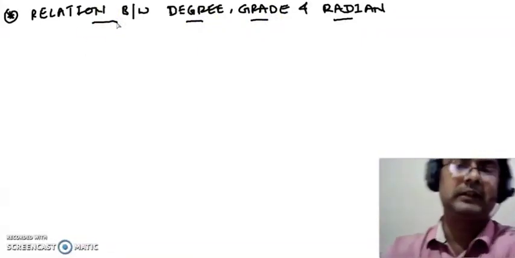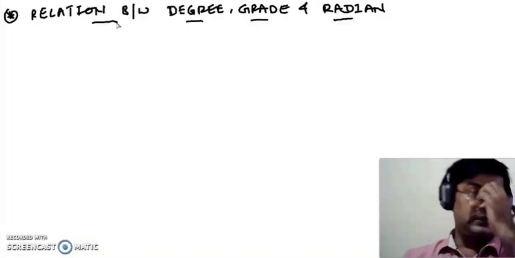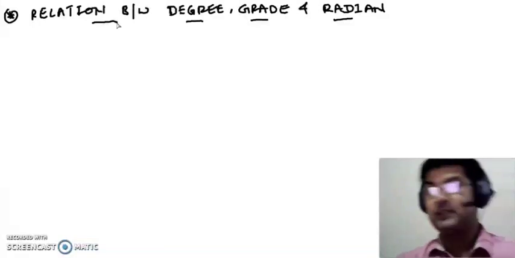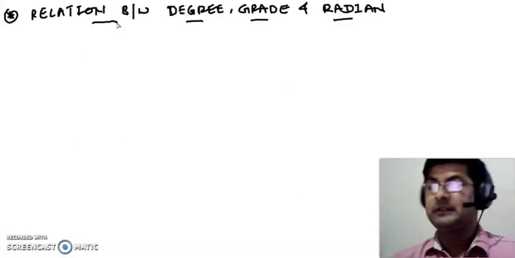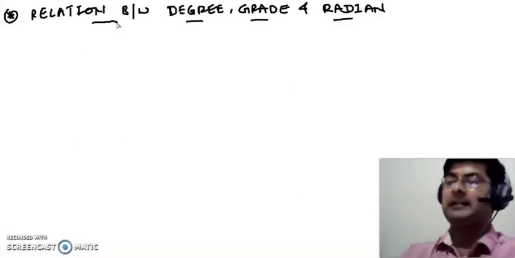Okay, for that, let us consider an angle whose measure is d degrees, g grades, and r radians.